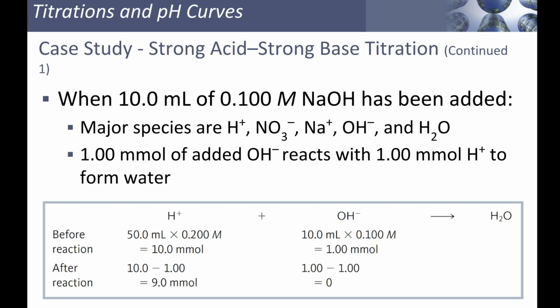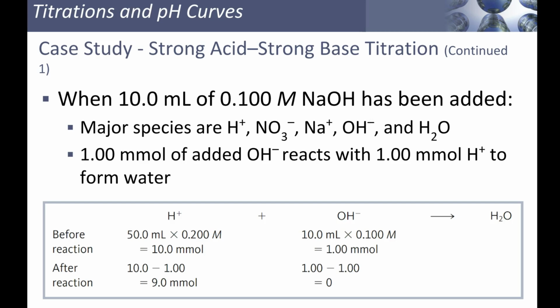So if you add 10 milliliters of sodium hydroxide to this solution that you had already, let's look at what's happening. You have H plus, 50 mL of 0.2 molar, that's 10 millimoles.